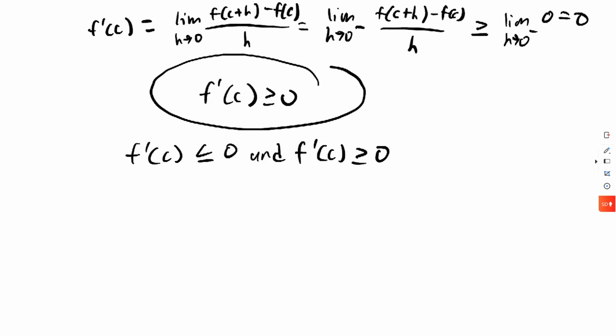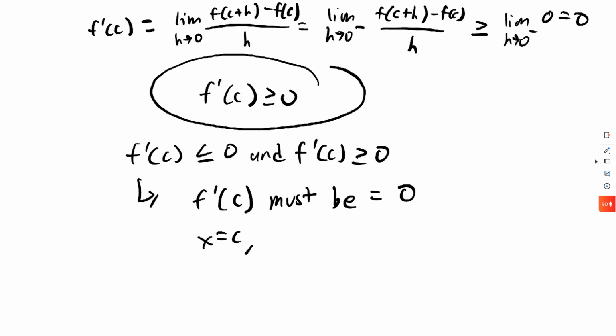The only way for both conditions to be true is f prime of c must be equal to 0. And so x equals c must be a critical point. And there it is.